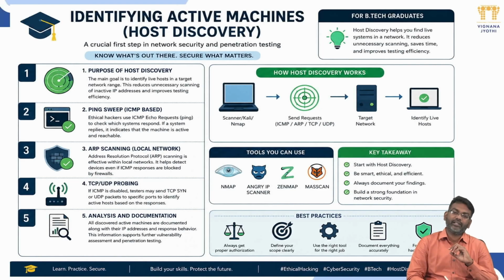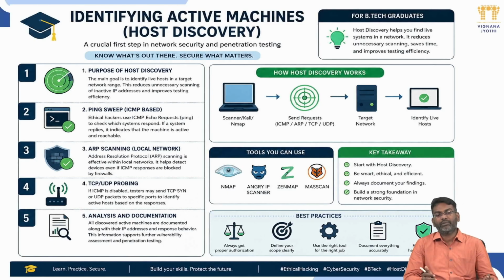So in host discovery, in this process, we will be discovering the hosts which are active. We have to always be attentive to the active terminals only. The systems which are inactive, we'll be least bothered about. We will not have any issue with those inactive terminals. The first strategy is the crucial step. We have to properly identify the hosts.